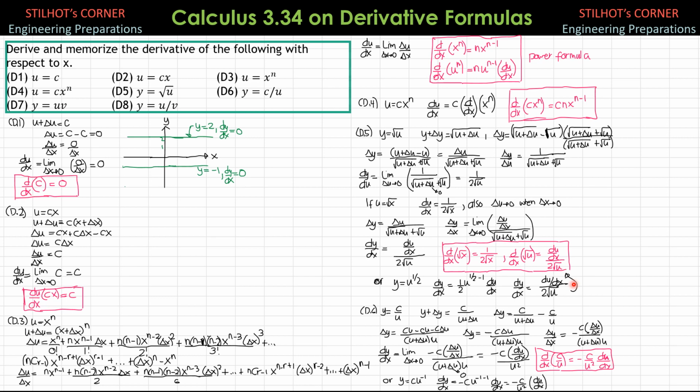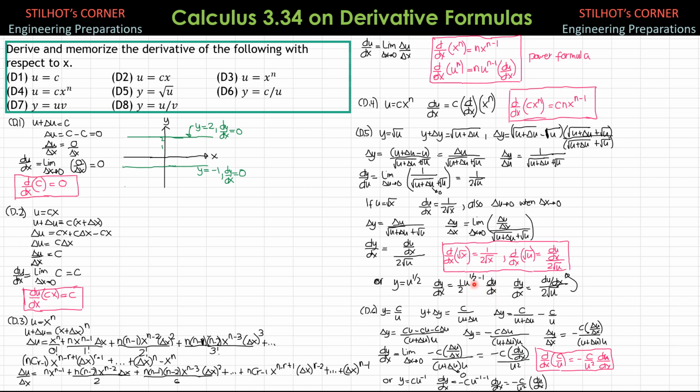The other formula, using the power formula to make it simpler: we write y equals square root of u as y equals u to the 1/2. So dy dx by the power formula, n is 1/2. So 1/2 u to the 1/2 minus 1 times the derivative of u with respect to x.